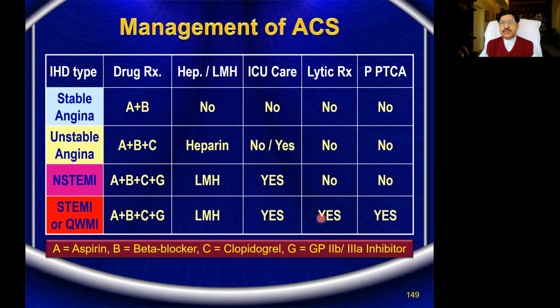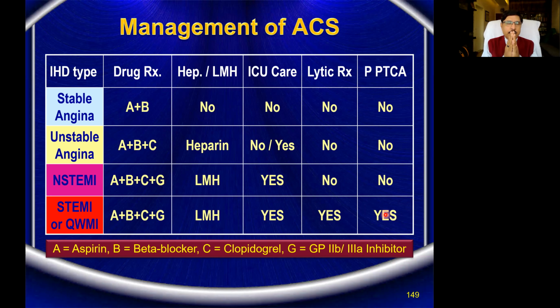You can save time and save the muscle, and then refer him to a center where the PTCA and angioplasty facilities are available. There they can do an angio and decide on a secondary PTCA after the lysis, or directly, if he is in the center, he can be given primary PTCA.